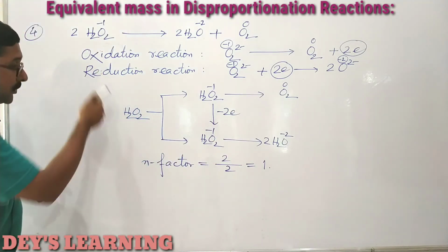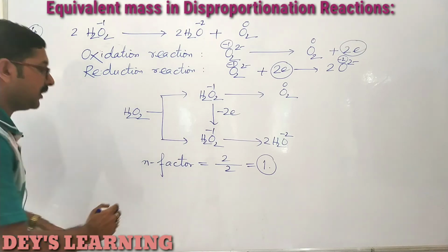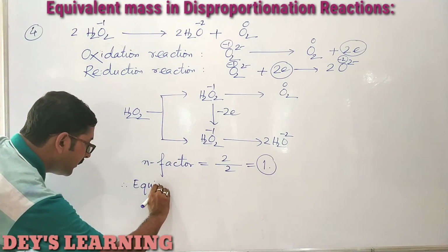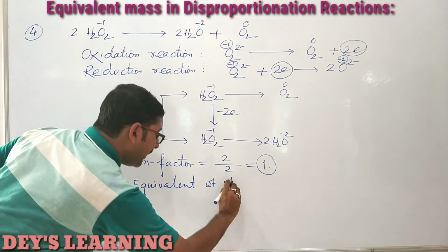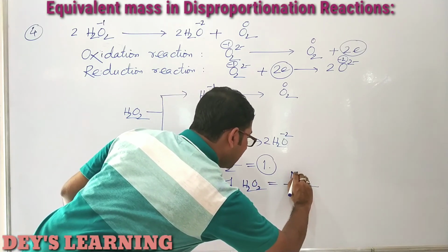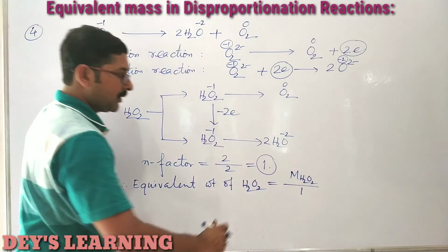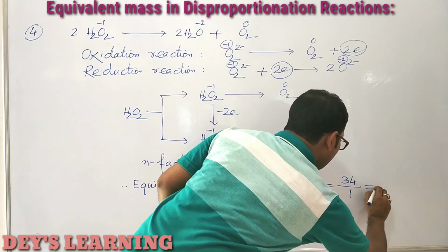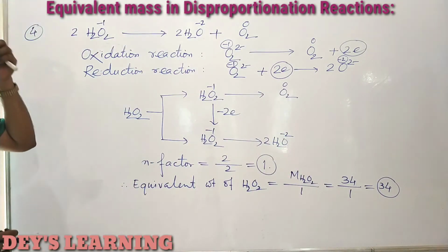But in the disproportionation reaction, the N factor of H2O2 is 1. This is very important. So the equivalent weight of H2O2 in this disproportionation reaction equals the molecular mass of H2O2 divided by its N factor, 1. The molecular mass of H2O2 is 34, divided by 1, this is 34. This is the equivalent weight of H2O2 in this reaction.